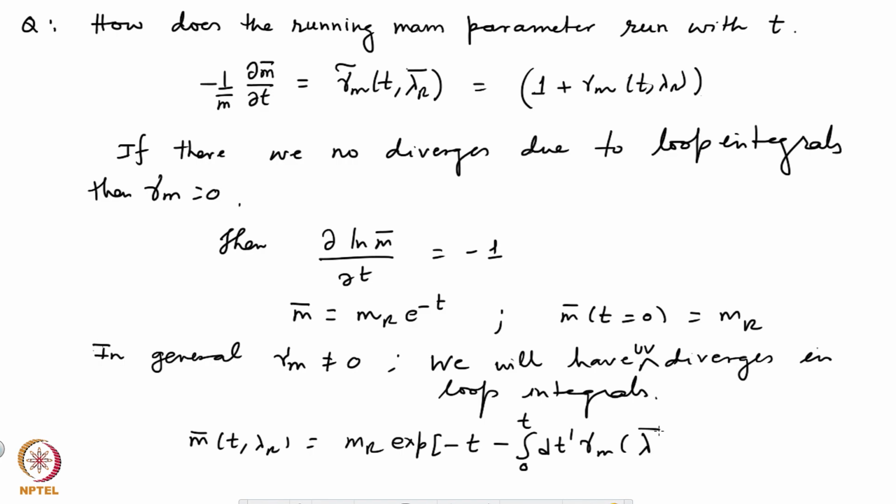This is λ̄(t′, λ_R). So that's what you get in general. This is the behavior for mass.